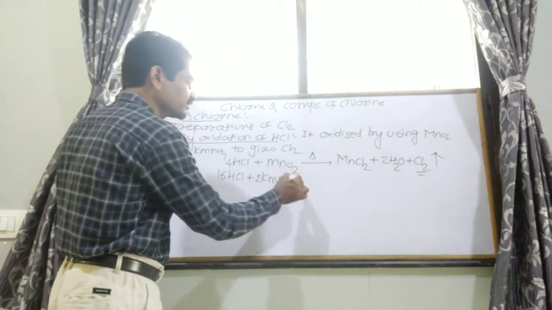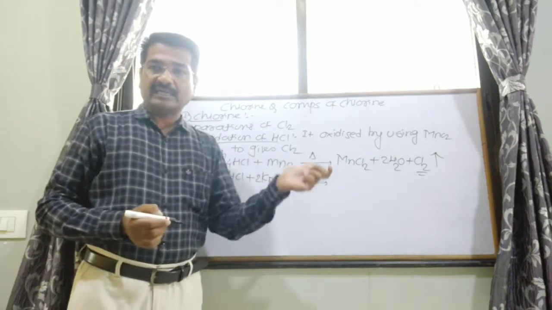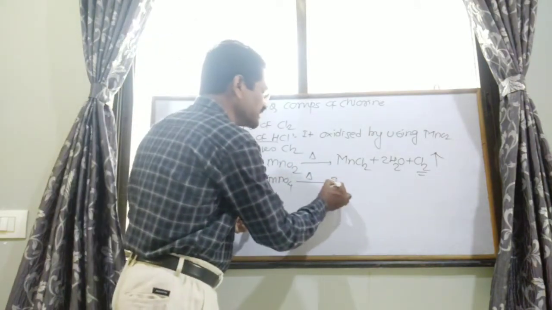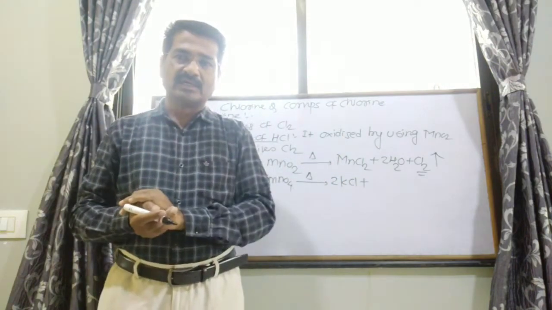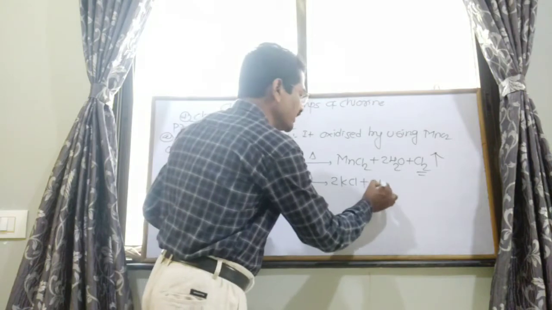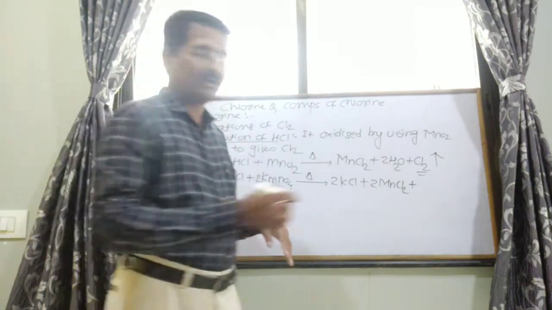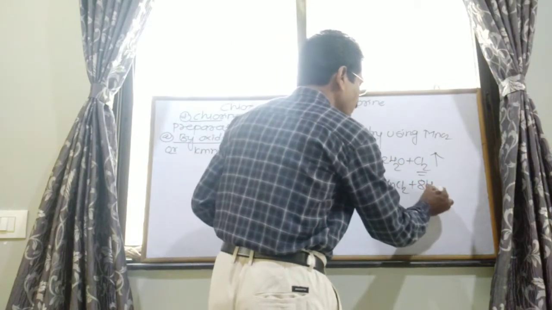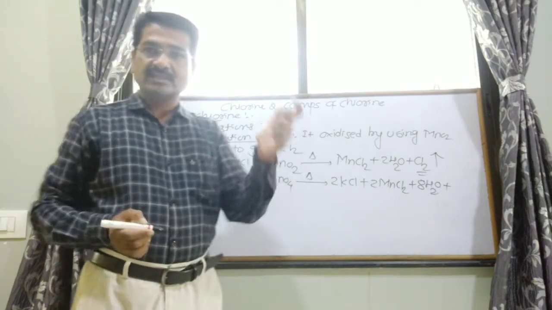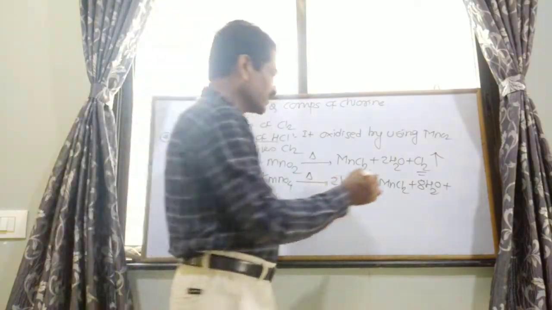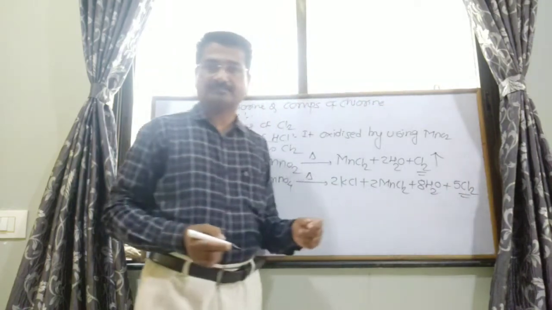Then it is converted into 2KCl, potassium chloride, the first byproduct, then 2MnCl2, manganese dichloride, and 8H2O, and lastly chlorine is prepared, that is 5Cl2.